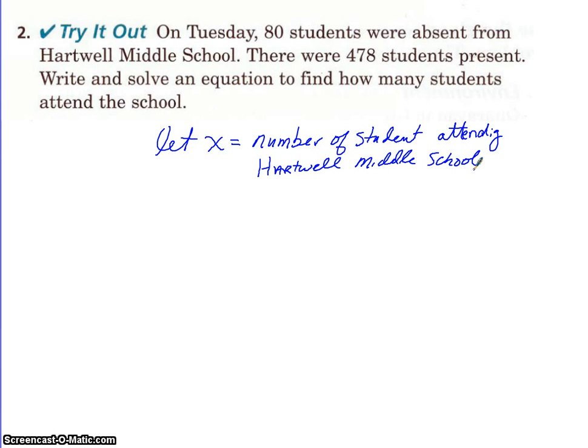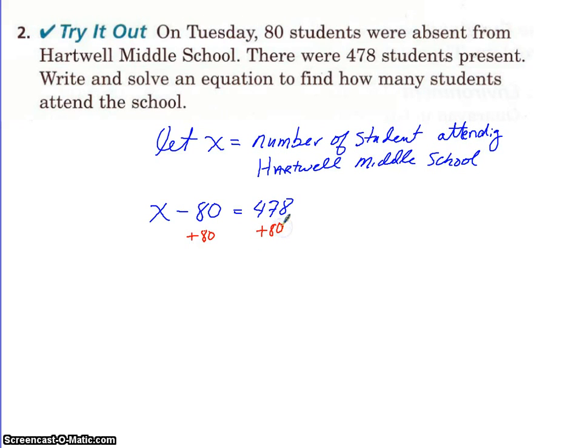We know that normally we have x students at Hartwell Middle School, but on Tuesday 80 students were absent. As a result of that, there were only 478 students present that day. So we want to find out how many students are normally at Hartwell Middle School if no one is sick. Now we're just going to add 80 to eliminate this minus 80.